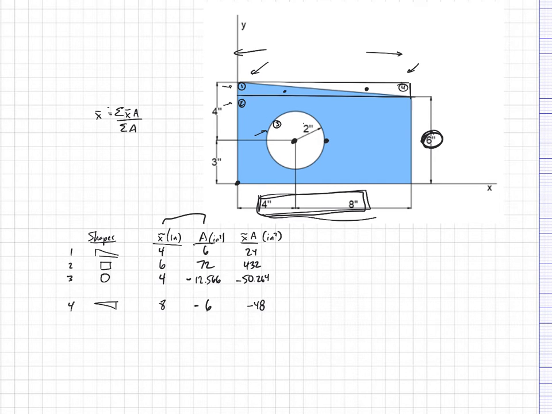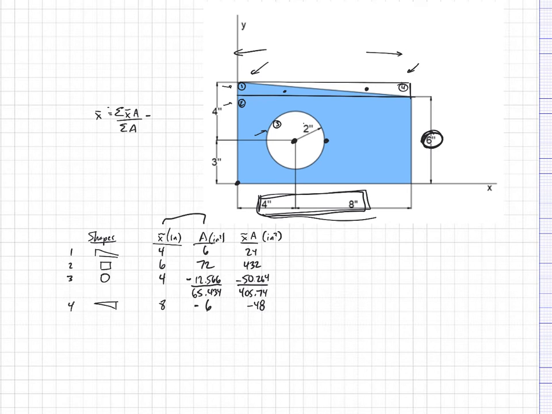All right, so I need to sum some things, right? So we would sum this and get 65.434 inches squared, and to sum this we get 405.74 inches cubed.